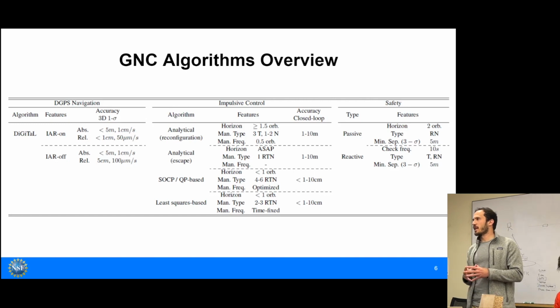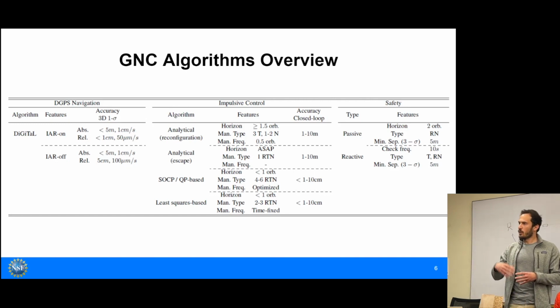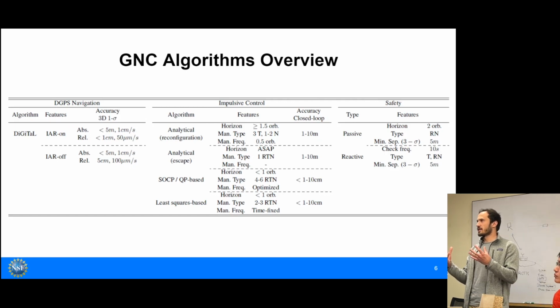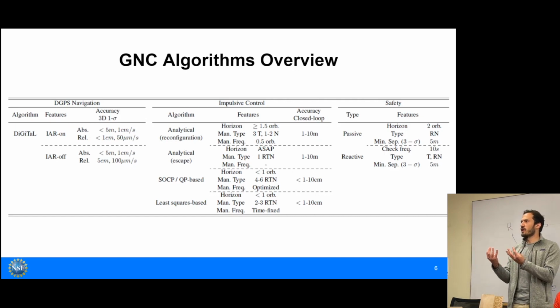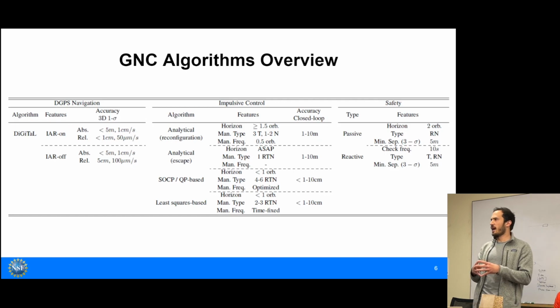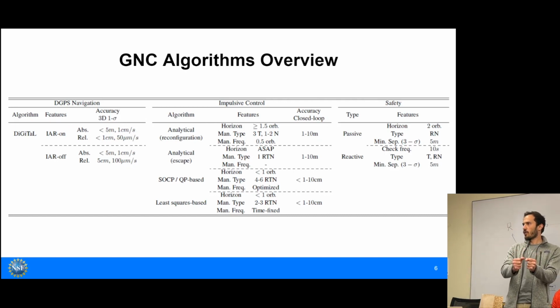You can clearly see that differential GPS with integer ambiguity resolution on aims to provide us a sub-centimeter relative position accurate solution and a 50 micrometer per second relative velocity solution, which should be enough for fulfilling the scientific requirements.